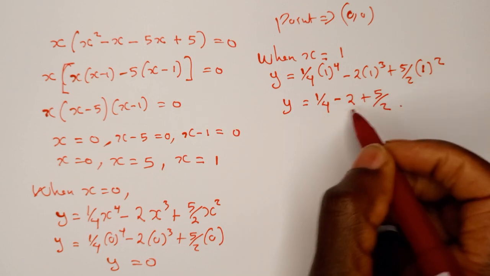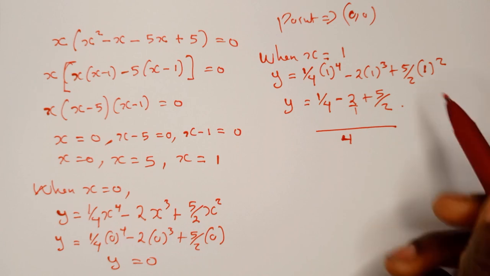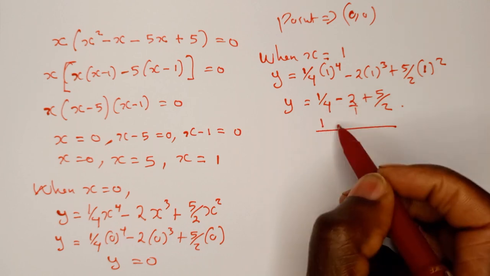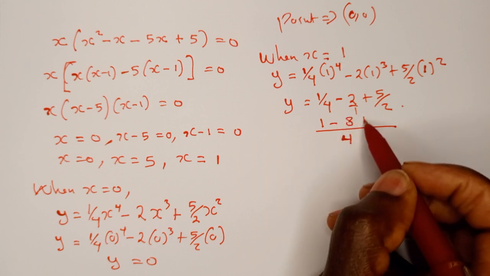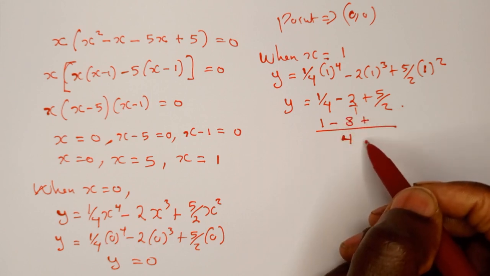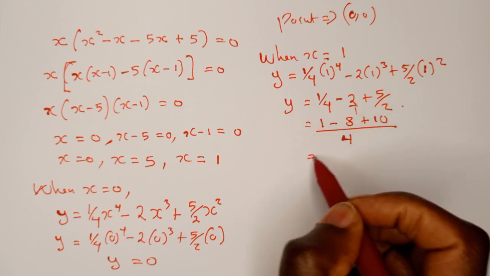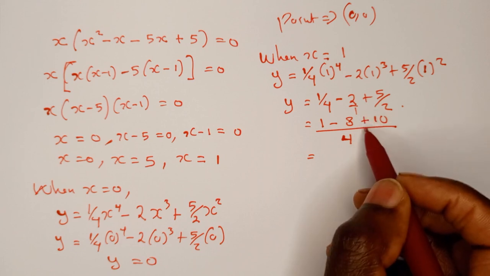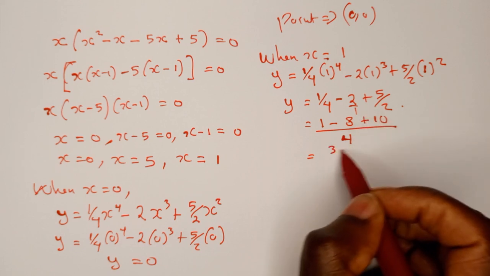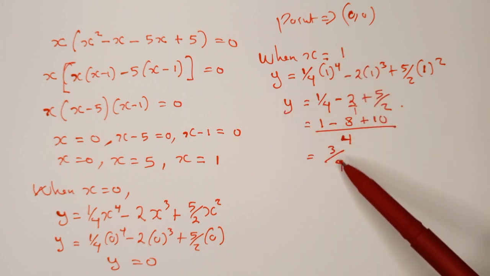So using your LCM here, 4 is the LCM, so 4 goes there 1, so 1 goes there, 4 times negative 2 is negative 8, plus 2 goes here, 2 multiplied by 5, it is 10. So when you do 1 minus 8, it is minus 7, plus 10 is 3, positive 3. So y, when x was 1, y was 3 over 4.